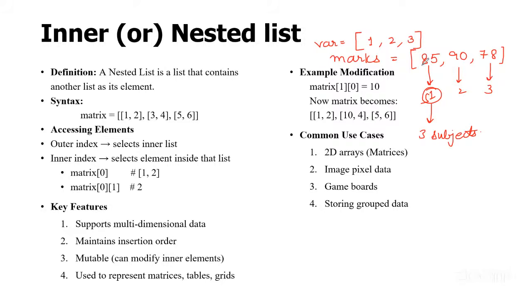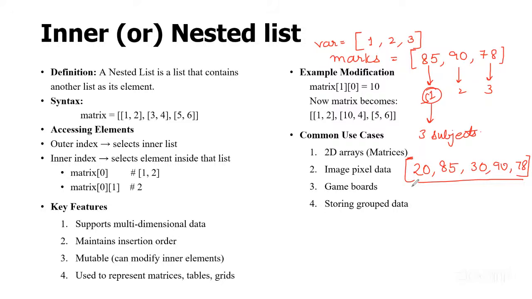I cannot store it in one flat list, right? If I just store 20, 85, 30, 90, 78, I wouldn't know which marks belong to which student. If I just give a single list, I wouldn't know that. So we will lose the grouping here.